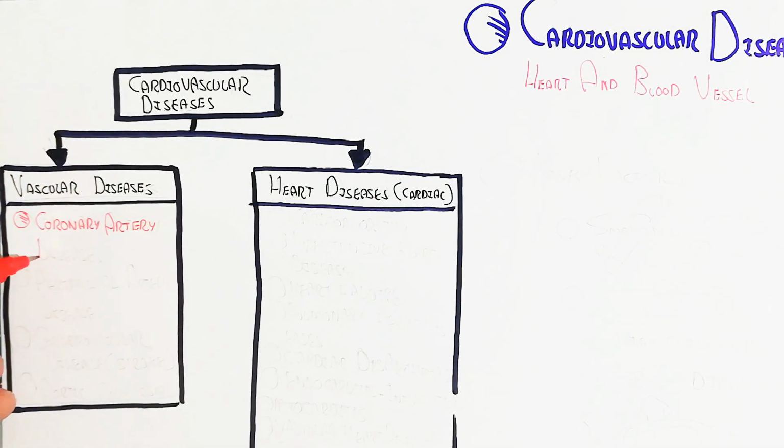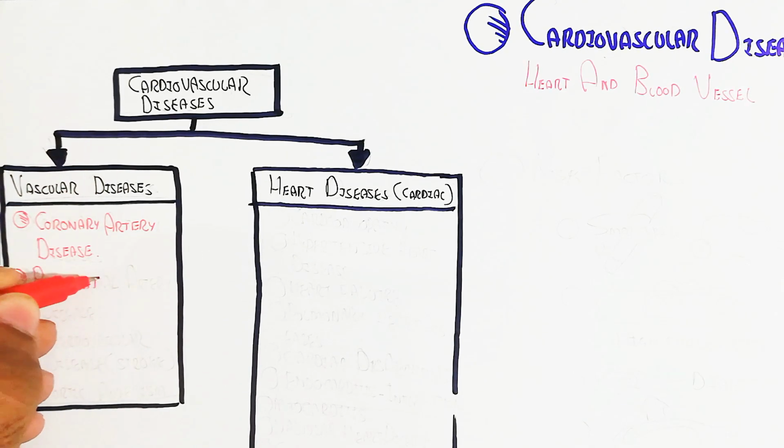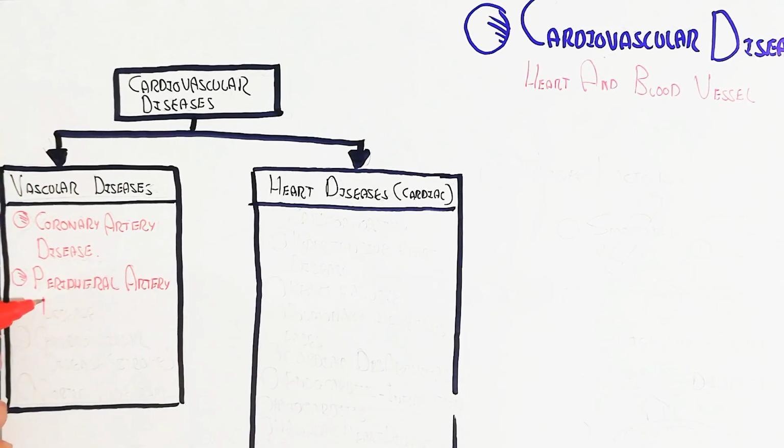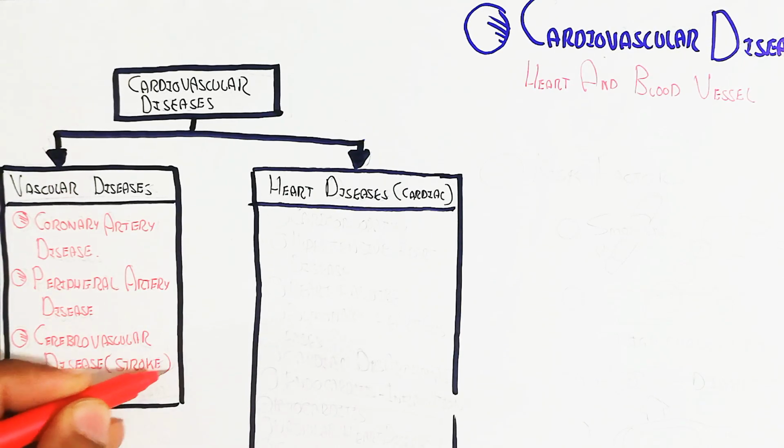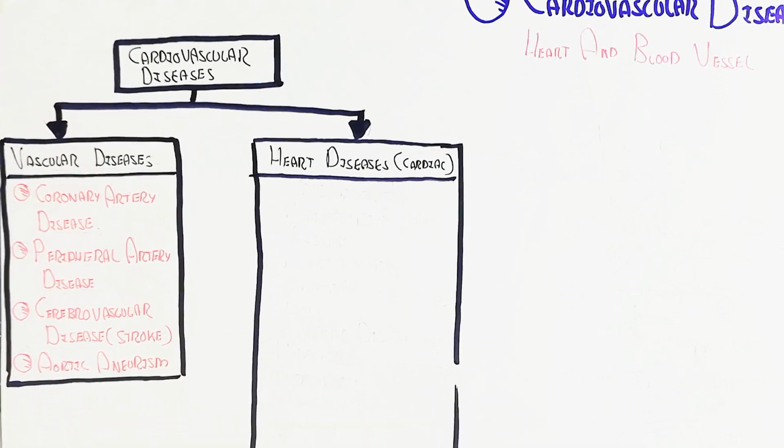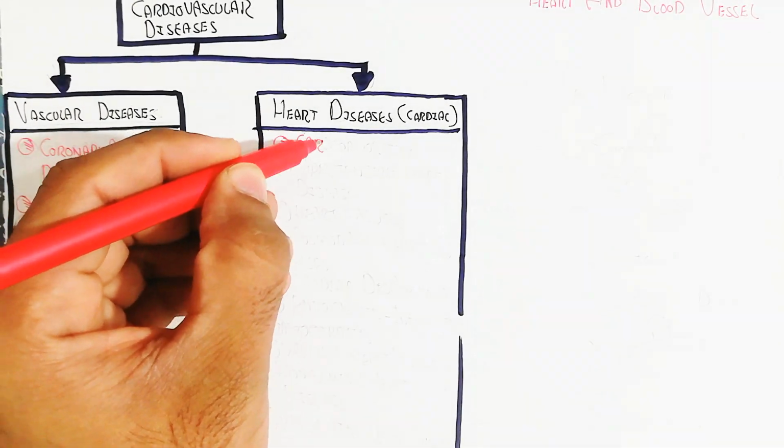Vascular disease involves coronary artery disease like atherosclerosis or arteriosclerosis, and peripheral artery disease like aneurysm, and cerebrovascular disease in the brain, which can cause stroke, and aortic aneurysm.